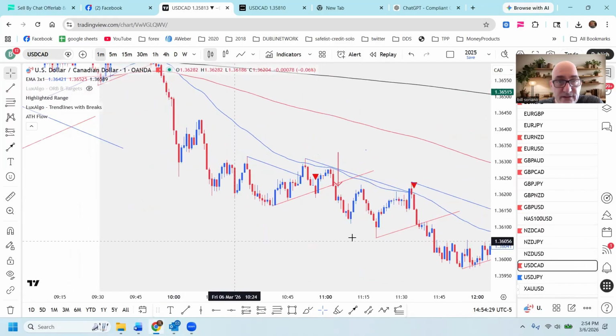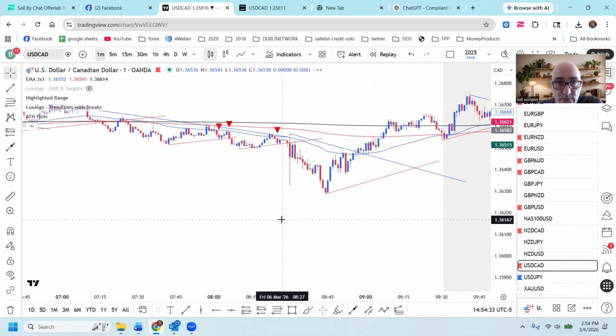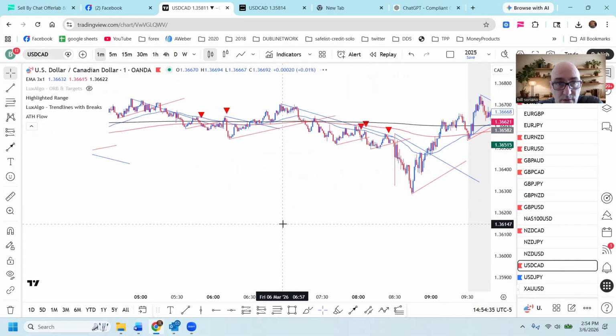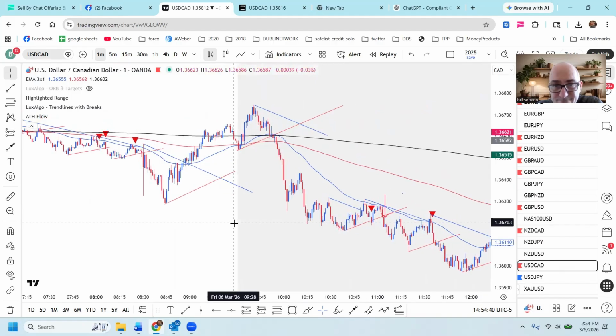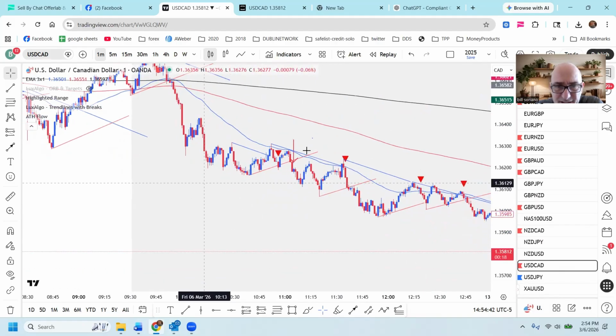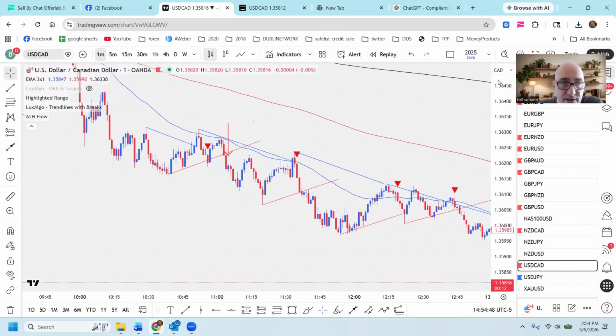Okay, so with USD CAD here, see where we're at here. So right here, you can see my arrow. I got in on this 1105 candle. So again, right here, we got a red ATH flow indicator, bearish, right?